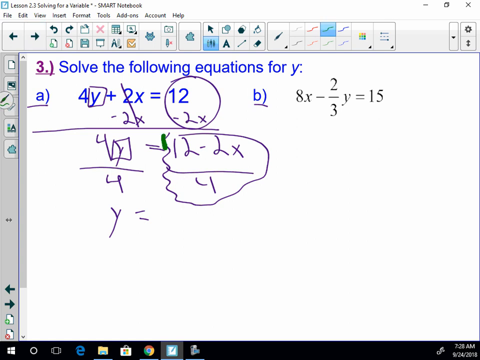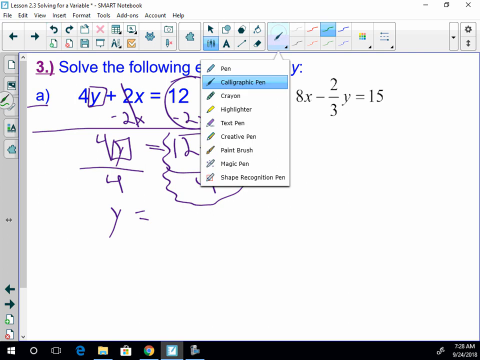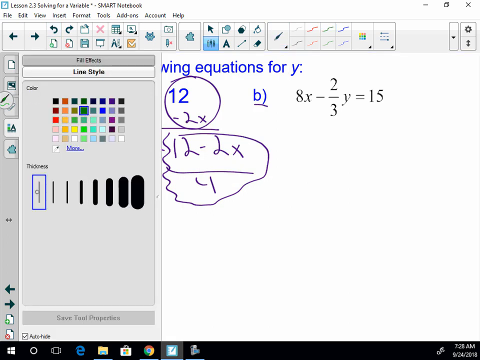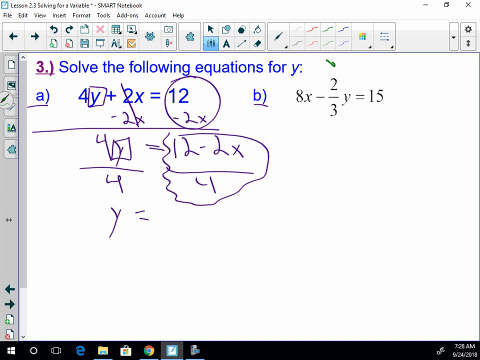Okay? But remember, I have two small problems here. I have 12 divided by 4, and I have this negative 2 divided by 4. That I can simplify. All right? So my actual answer is y is equal to 12 divided by 4, which is really 3, and then this is a negative 2. 2 divided by 4 is 1/2, so we can say plus negative.